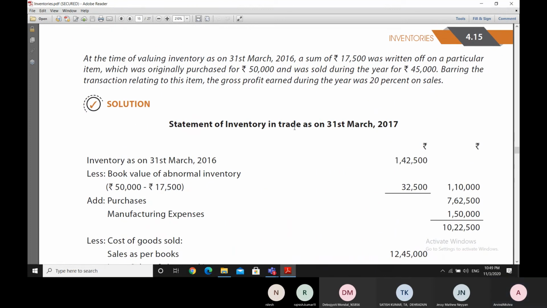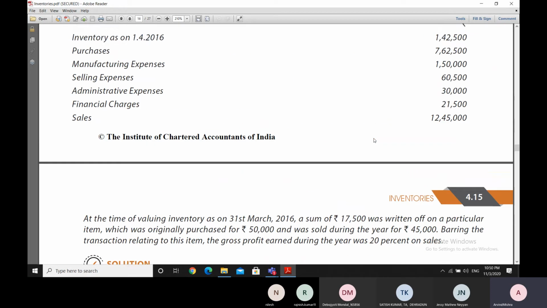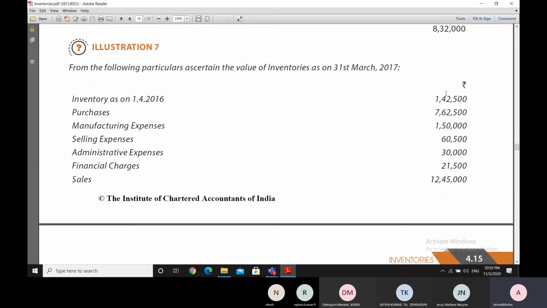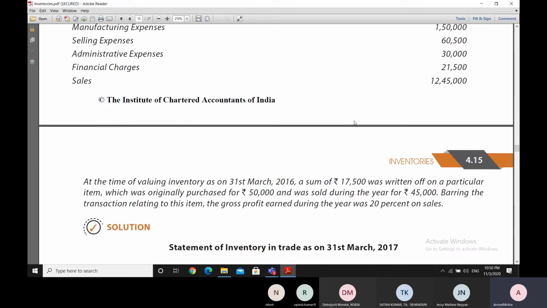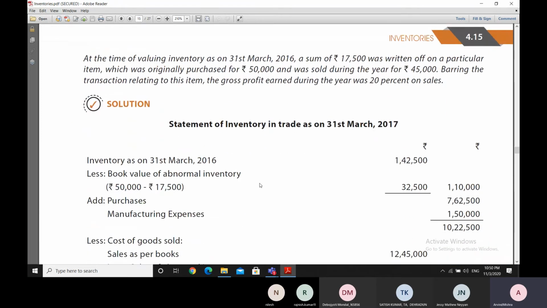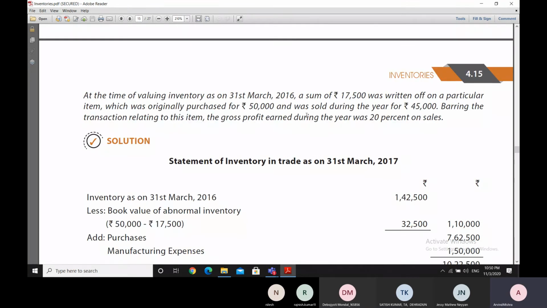So let us see. The inventory as on 31st March 2016 was 1,42,500. As you can see here, 1,42,500 was the inventory as on 1/4/2016. And it is being mentioned here that when we were valuing the inventory, a sum of 17,500 was written off on a particular item which was originally purchased for 50,000 and was sold during the year for 45,000.